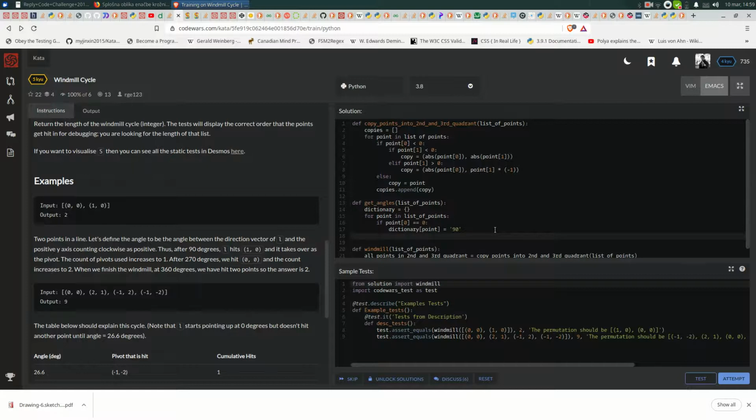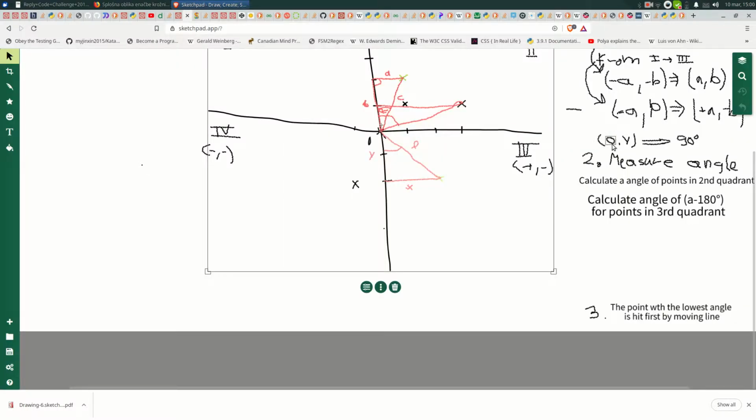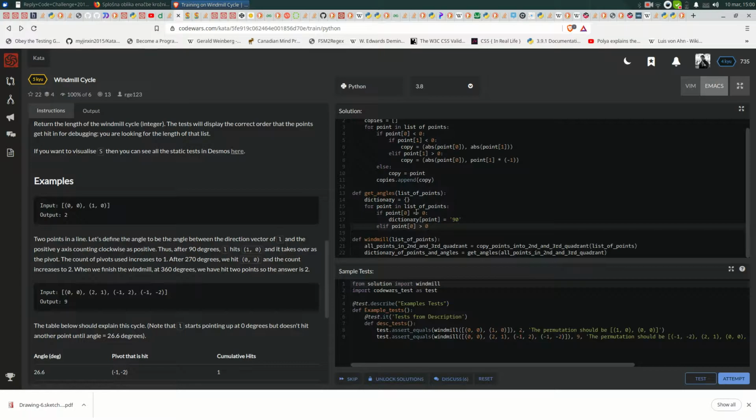We say here elif point 0 is greater than 0, x, I made a mistake. Over here it should be if y is 0, not x is 0.